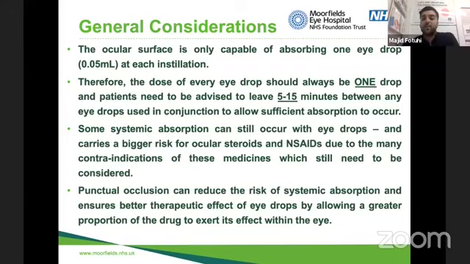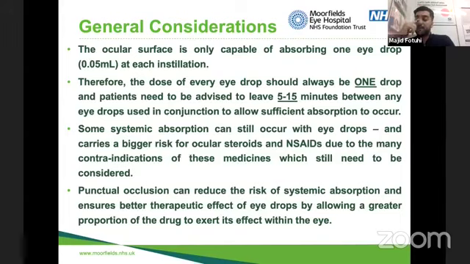But another way to further reduce this risk is if you use a technique we teach our patients known as punctal occlusion. And this is where you press in the corner of the eye where you can feel a small ball. And this is the lacrimal punctum and canaliculum.